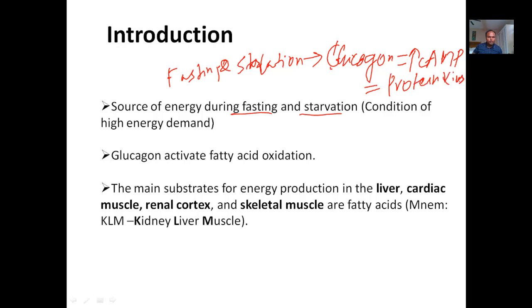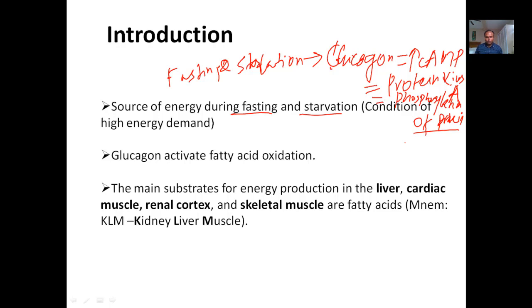Protein kinase A will increase, because protein kinase A is also called cAMP dependent kinase. cAMP will activate protein kinase A. Now what will happen next? Protein kinase A will cause phosphorylation of proteins.